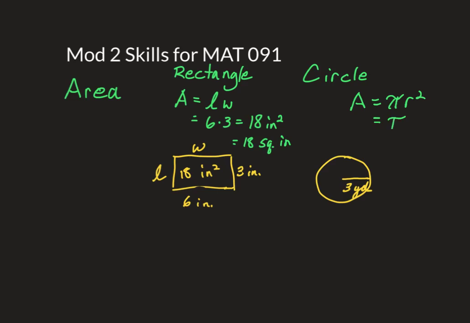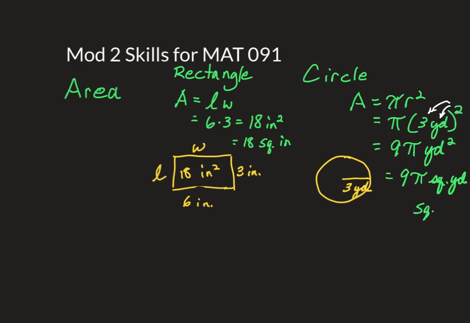So if our r is 3 yards, I'm going to go ahead and put the units in here, because both the 3 and the unit of yard are squared in this case. So we get 9, because 3 squared is 9, pi square yards. Or you could write it 9 pi square yards.